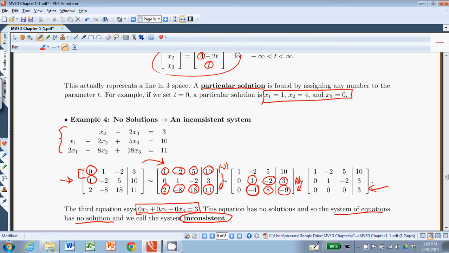All right, so that wraps up this particular chapter, chapter 1.1. And the key thing to remember when you're solving systems of equations is that you have a few options. You can get a unique solution, you can get infinitely many, and you can get none.